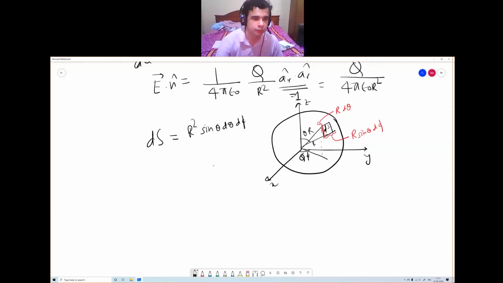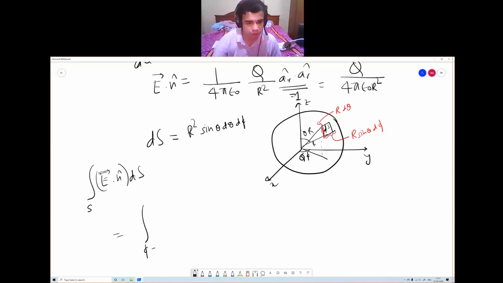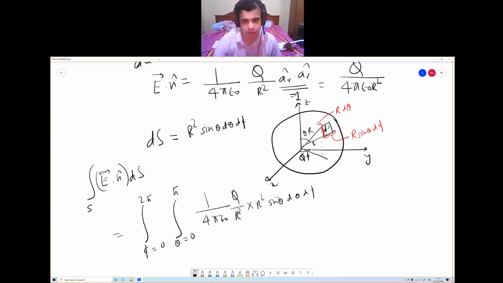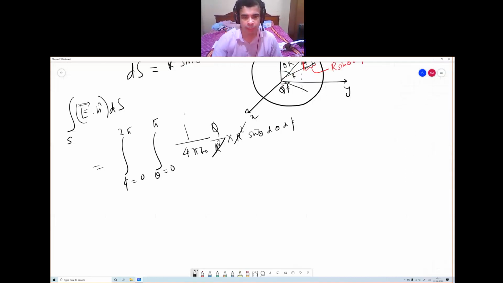So what is the integral of E dot n ds over the surface? Phi will be from 0 to 2 pi, theta will be from 0 to pi. E dot n we just found out, Q by 4 pi epsilon naught R square, and ds was R square sine theta d theta d phi. R square gets cancelled. And Q by 4 pi epsilon naught is constant, so we take it out of the integral.